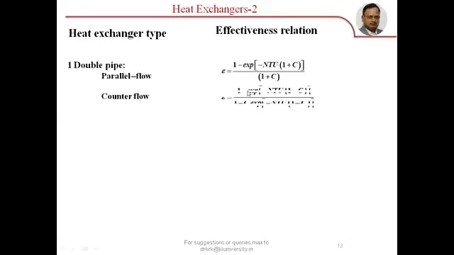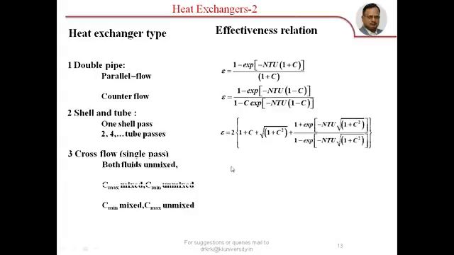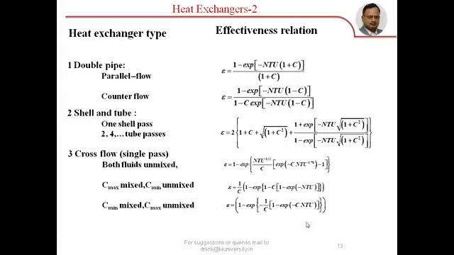So we have only seen for parallel flow and counter flow like this, 1 minus e power minus n into 1 plus c by 1 plus c, and for counter flow effectiveness 1 minus e power minus NTU into 1 minus c by 1 minus c into e power minus n into 1 minus c. And there are other types of heat exchangers for which the formulas for effectiveness are given here.